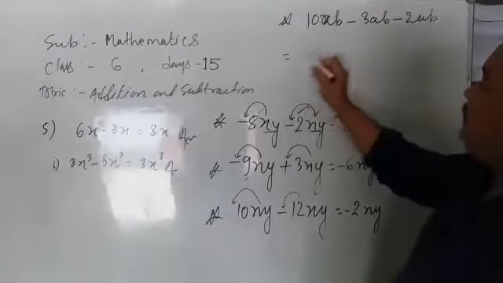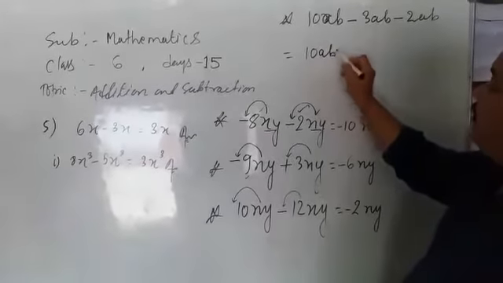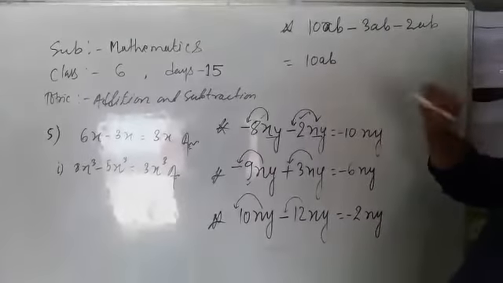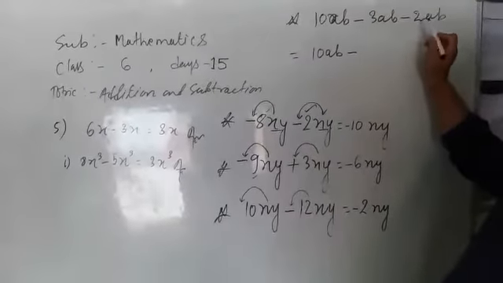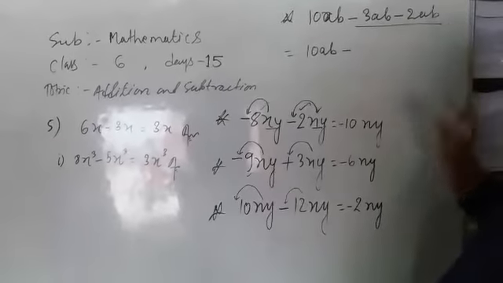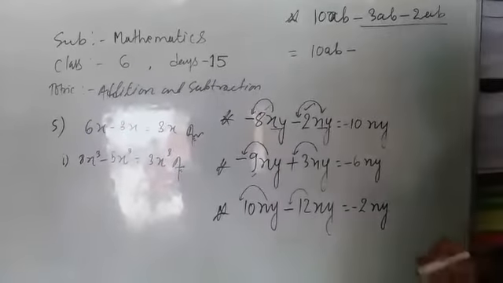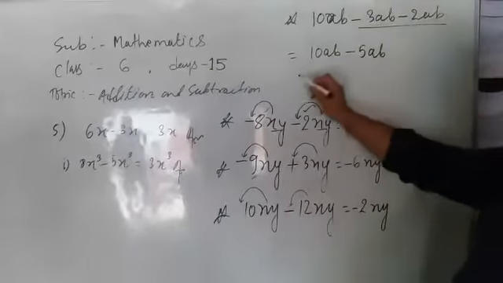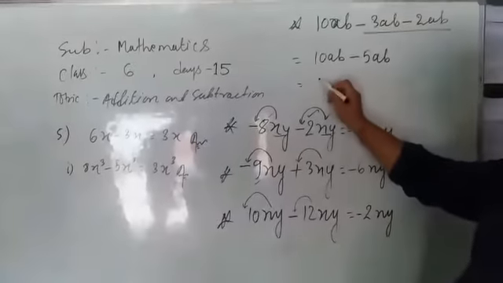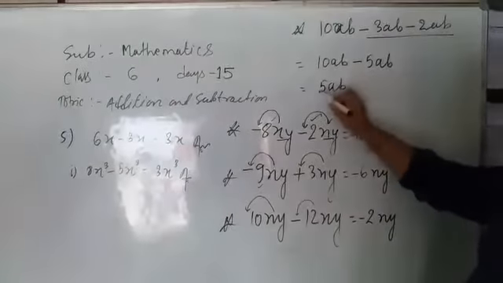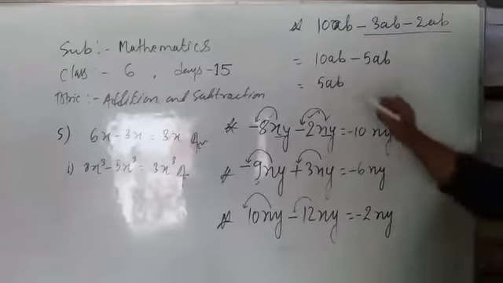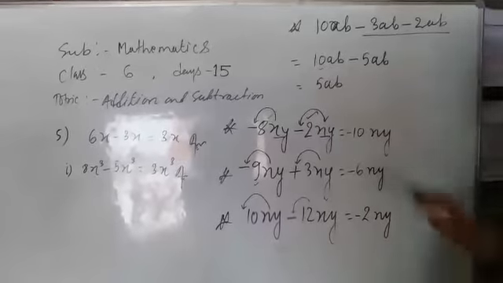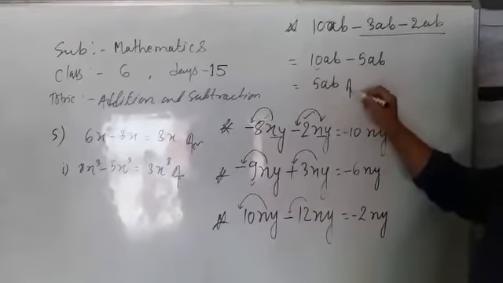So the sum of these two terms will be how much? 5ab. So the difference is 5ab. Now see here, is the sign positive or negative? Here one is positive and this is negative. So the positive term is greatest. That's why we write positive 5ab.